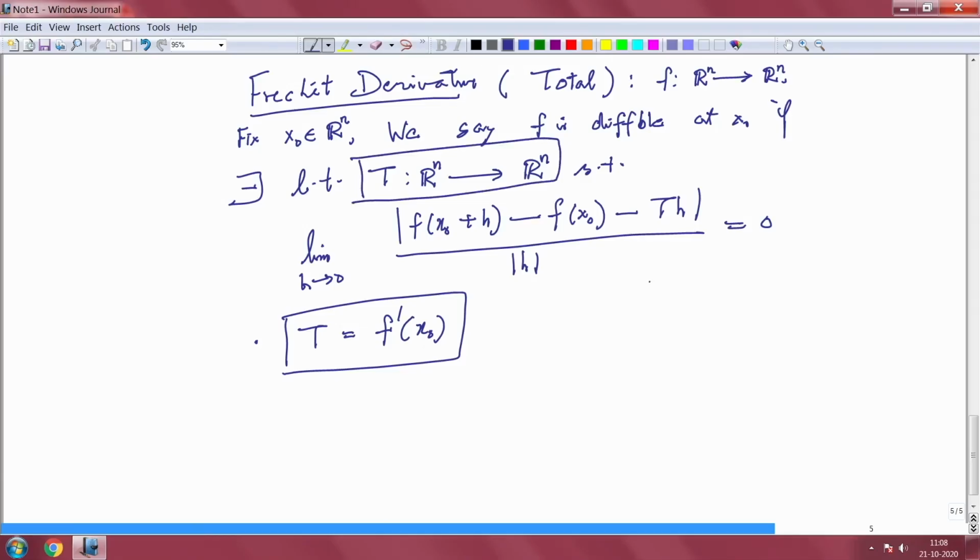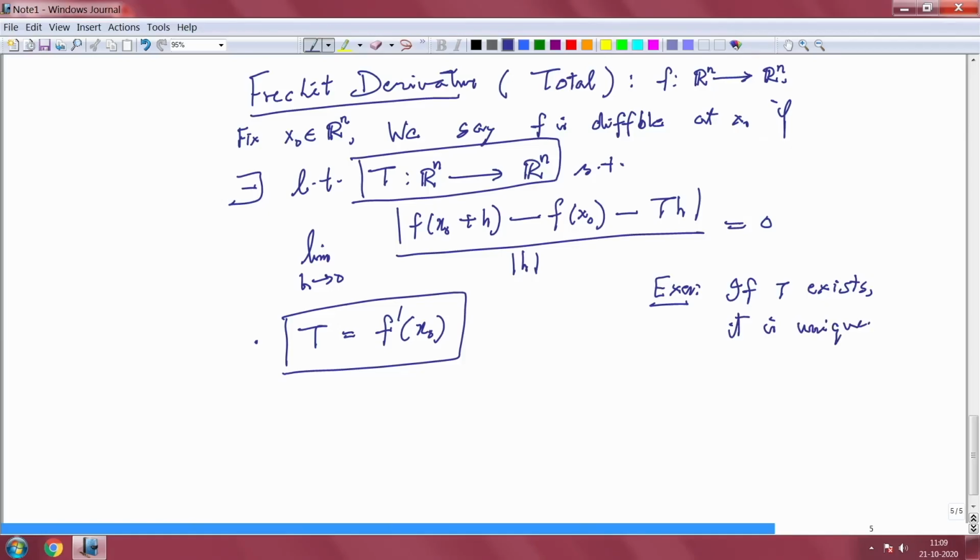You can prove some simple exercises or study more about it: if T exists, it is unique.